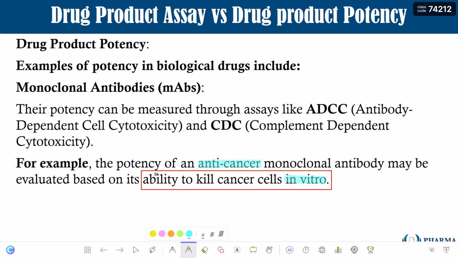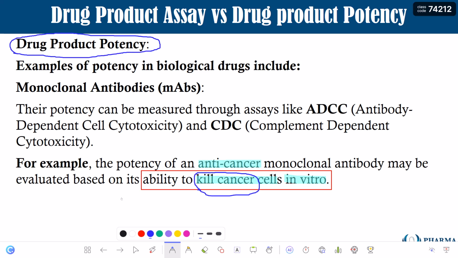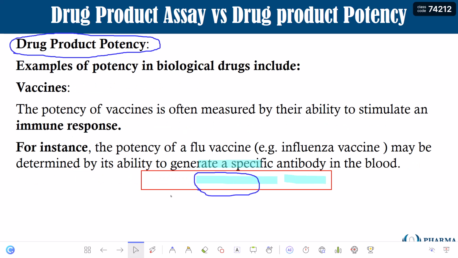It has to kill the cancer cell, and the ability of this protein, or the drug product under evaluation, in terms of killing the cancer cell is going to determine the potency of this anti-cancer drug substance. This is an example in the case of a cytotoxic drug product.